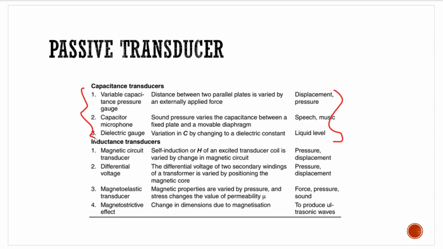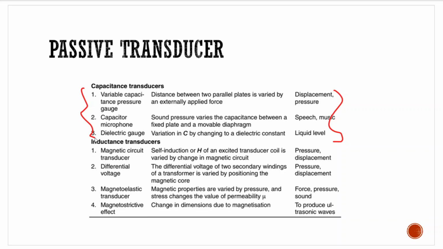So we know that the distance between two parallel plates can be varied by an external applied force. और जब ये distance change होगी, accordingly जो आपका capacitance है, C is equal to epsilon A by D, that will change. So that will help us see what will be the displacement, what will be the pressure. ठीक है? Proportionally, we'll be able to figure out कितना change in capacitance is equal to how much change in displacement, कितना change in capacitance is equal to how much change in pressure.